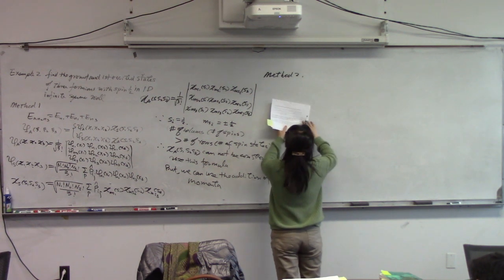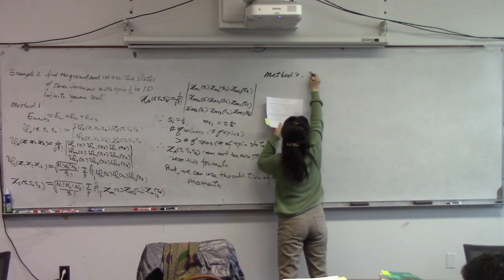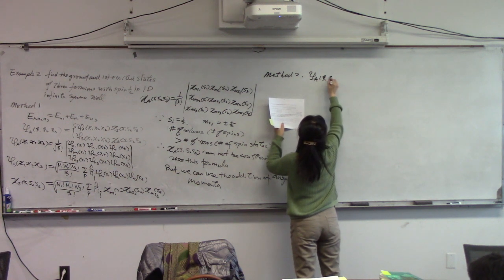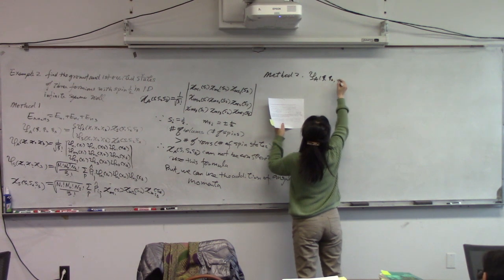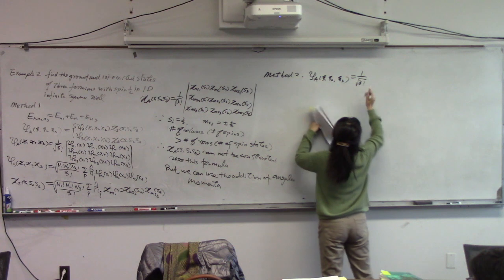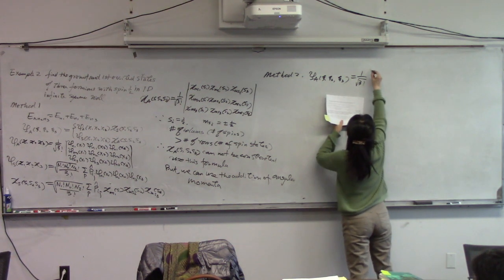Okay. Method 2, we construct this in general, the anti-symmetric state. Whatever this state is, the first ground state, the auxiliary state, is always this Slater determinant of 3 by 3.